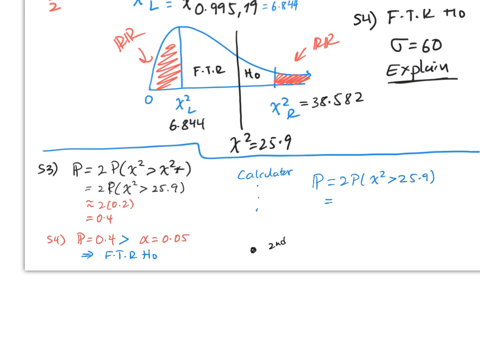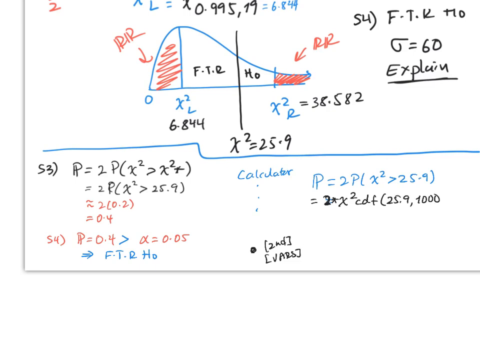Go to second variables, and then you will see a command that says chi-square CDF. So don't forget to multiply this times 2, so it will be 2 times that. Then the lower bound is 25.9.